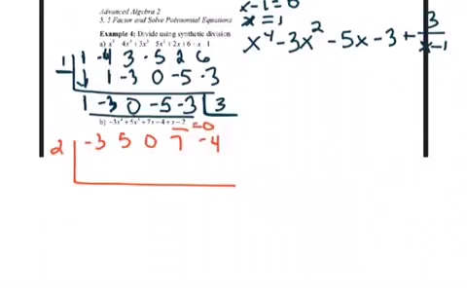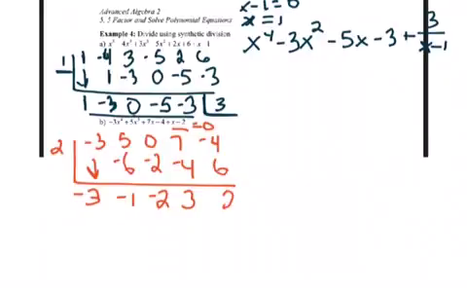Drop the negative 3. Multiply. So I've got negative 6, okay, and then add, multiply, add, multiply, add, multiply, and add. So the 2 is my remainder.